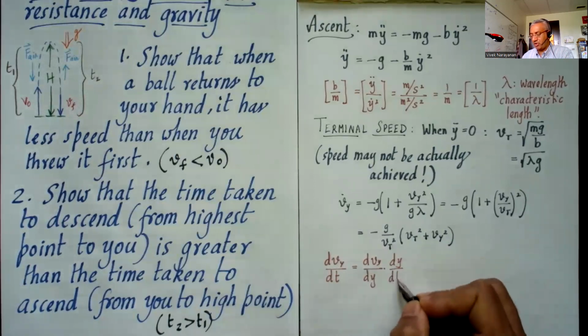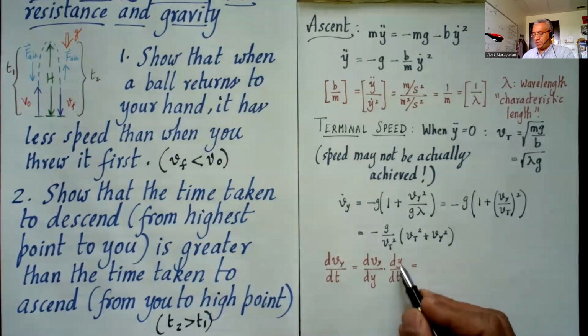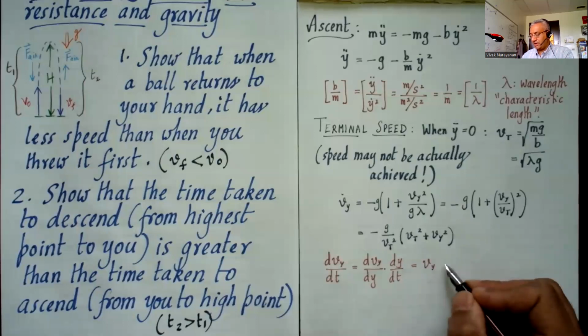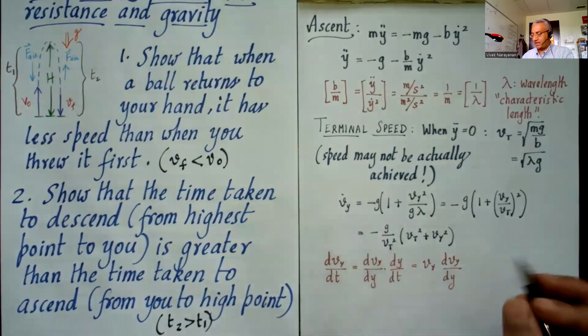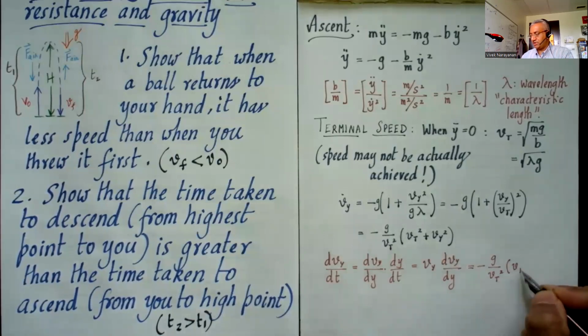Later on, this came to be called the chain rule. So dy by dt is precisely vy. So this is vy dvy over dy. So I've written the left-hand side as that. And all that is equal to negative g over vt squared times vt squared plus vy squared.